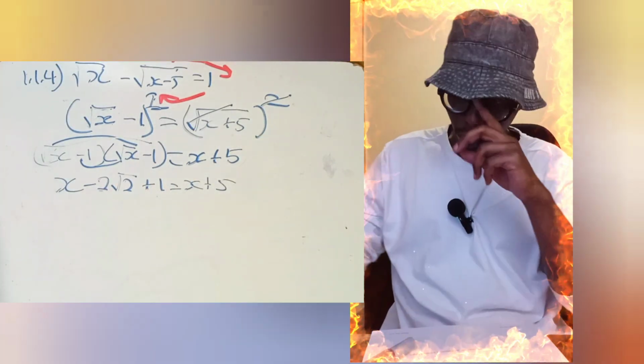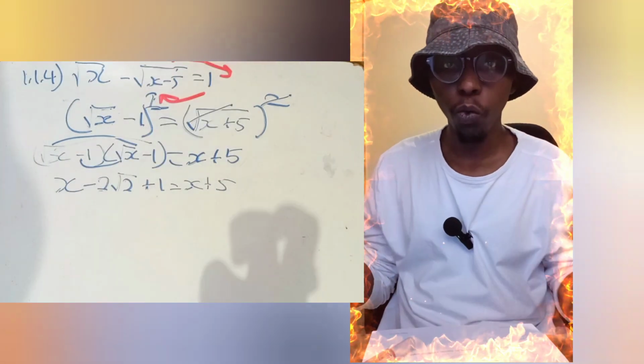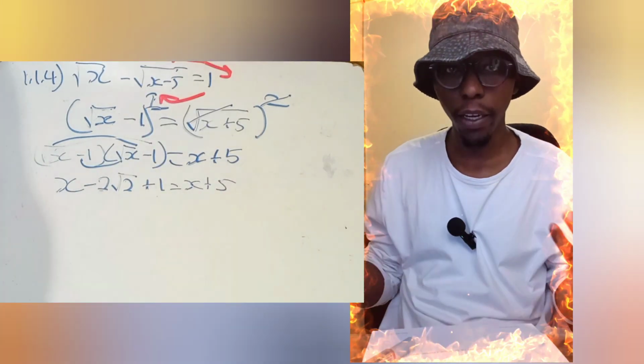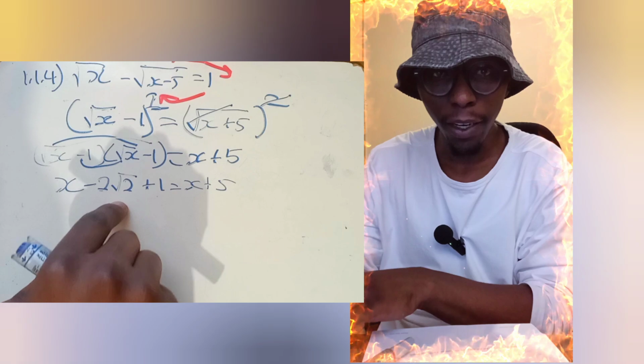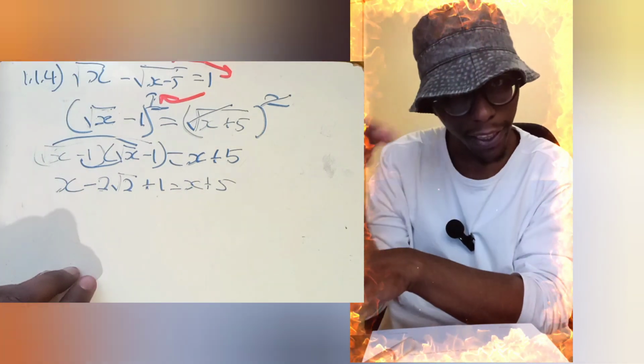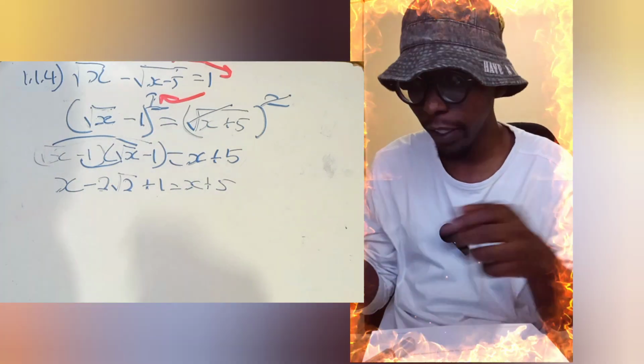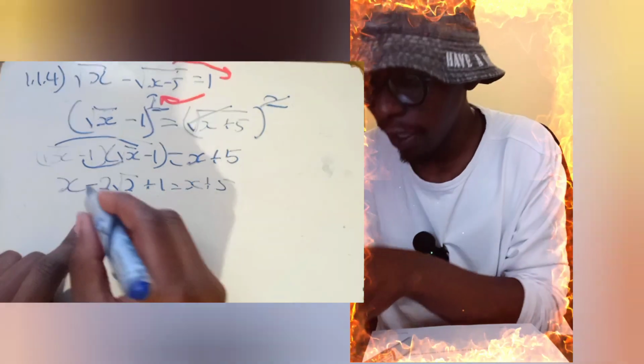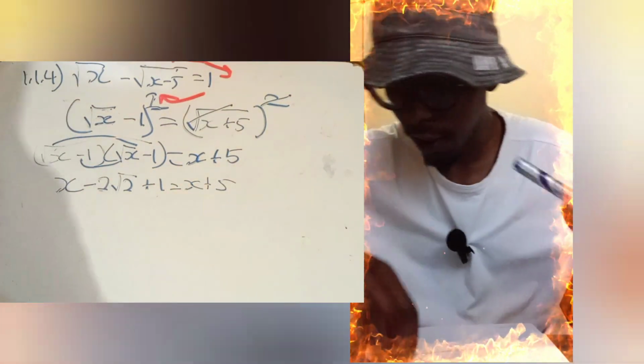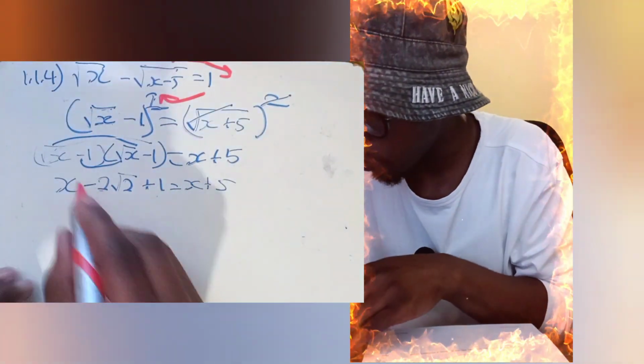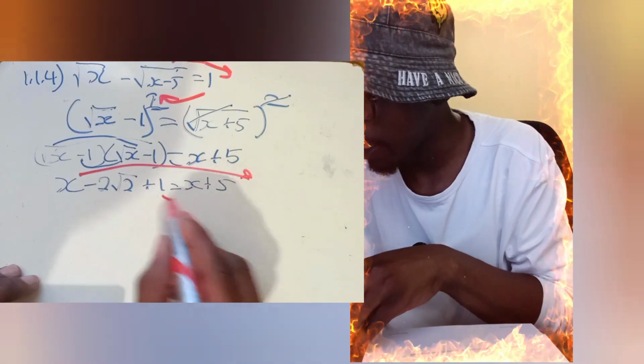So you see, you had two roots, you isolated one, you squared, you got rid of one. Now there's another one, which means you have to square again. Isolate that root and square. So let's isolate it. Everything that's not a root must act. The x, the 1.